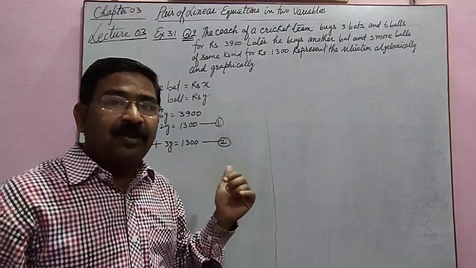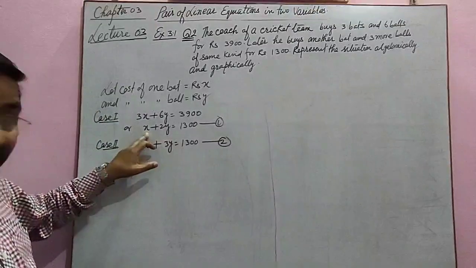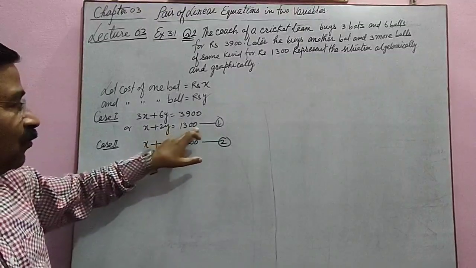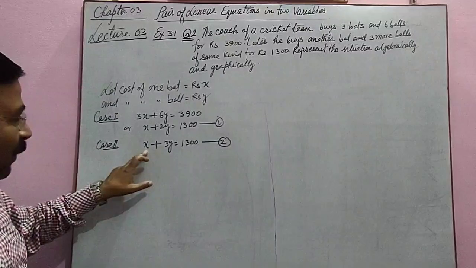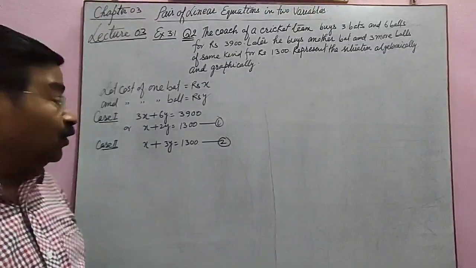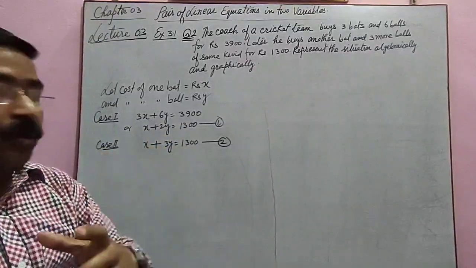Now let's see students. Practically this question is not correct, because in the first equation 1 bat and 2 balls are rupees 1,300, and in equation number 2, 1 bat and 3 balls are of the same cost. So this question is practically not correct according to the book.